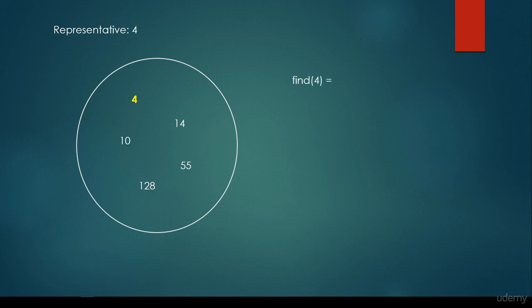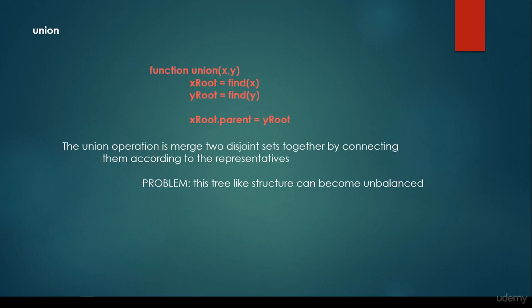Then if we run the find operation on 4, we would like to find 4. Because the representative is 4, it's going to return 4. What if we would like to find 10? We have been talking about it, it's going to return the representative, so it's going to return 4. What if we are looking for 55? Because disjoint sets are going to return the representative, it's going to return 4, and so on. So basically this is how disjoint sets work.